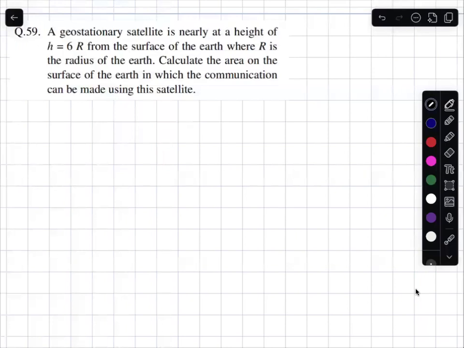A geostationary satellite is nearly at a height of 6R from the surface of the Earth, where R is the radius of the Earth. Calculate the area on the surface of the Earth in which the communication can be made using this satellite. Try to understand what is happening over here.